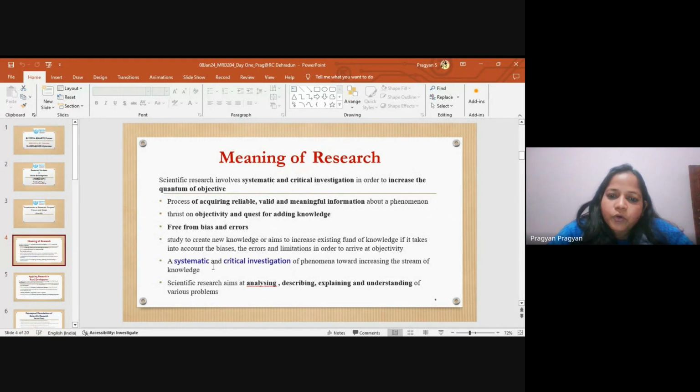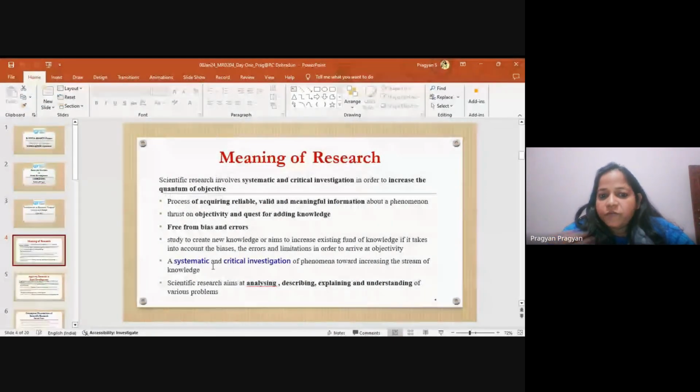We follow systematic procedures to minimize those errors, to cross-check those errors, because in the whole research process, we can't assume that it is going to be completely free from bias and errors. So every time we use different types of research tools, research strategies, and research designs, so that we can create new knowledge.